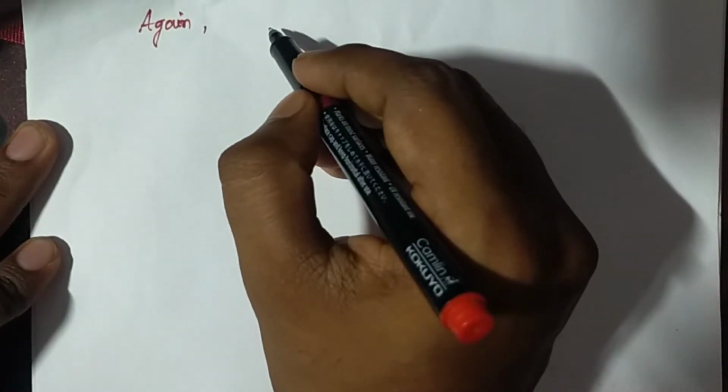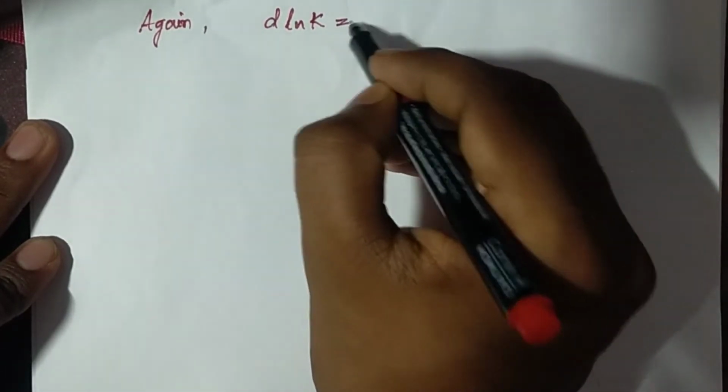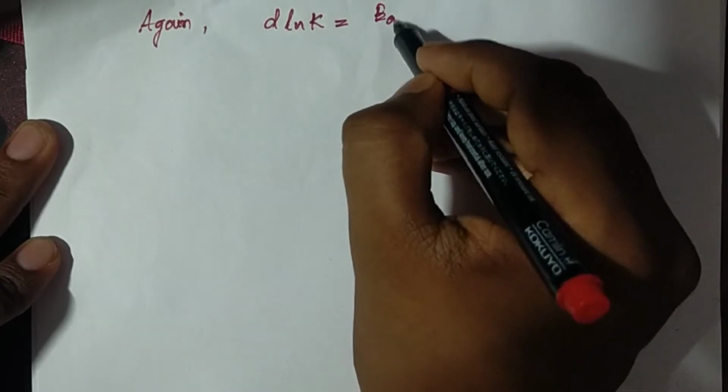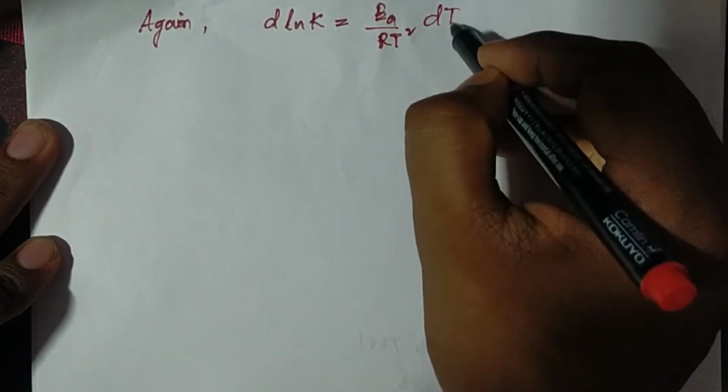As we know, the equation d ln K is equal to EA by RT square dT.